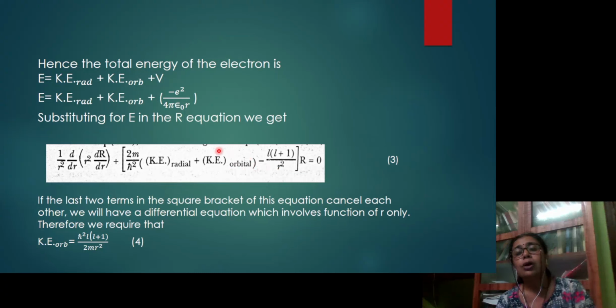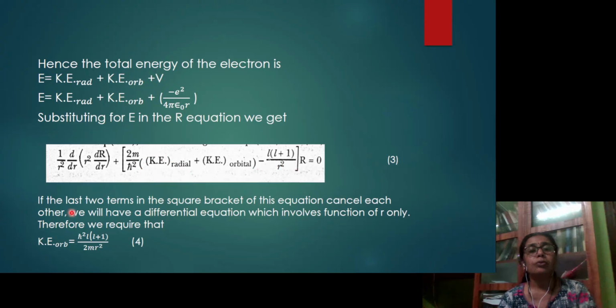Suppose the kinetic energy orbital multiplied by 2m upon h cross square is equal to this L into L plus 1 upon r square, then these two will get cancelled and only the terms containing r will be there in the equation.